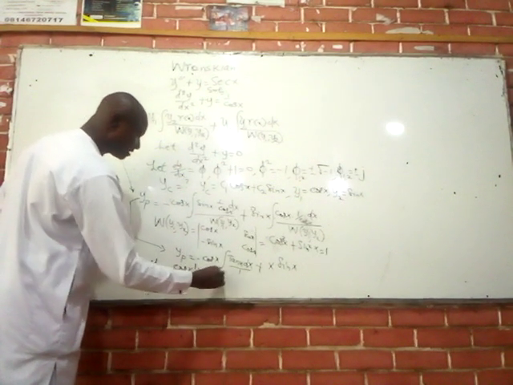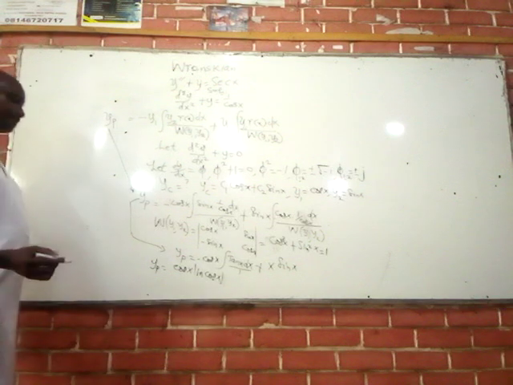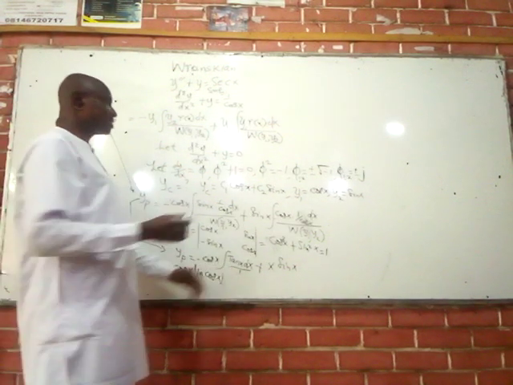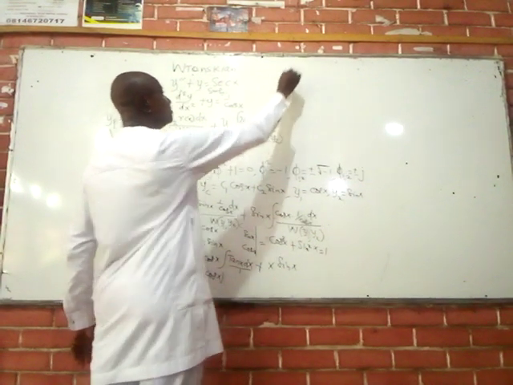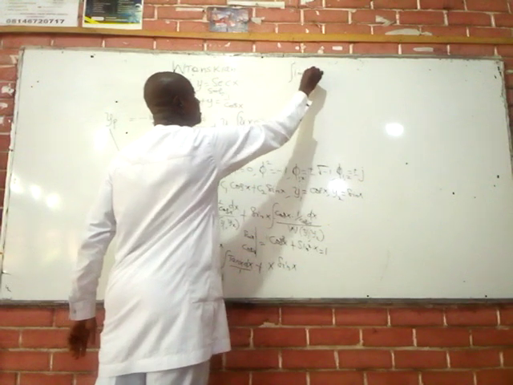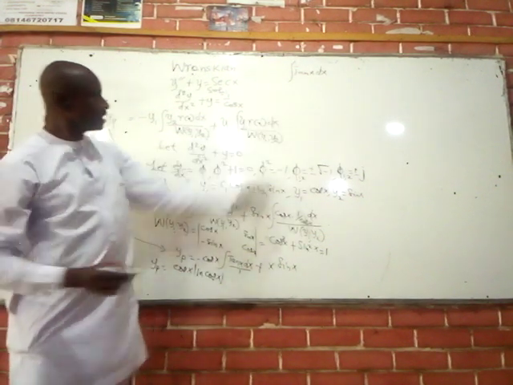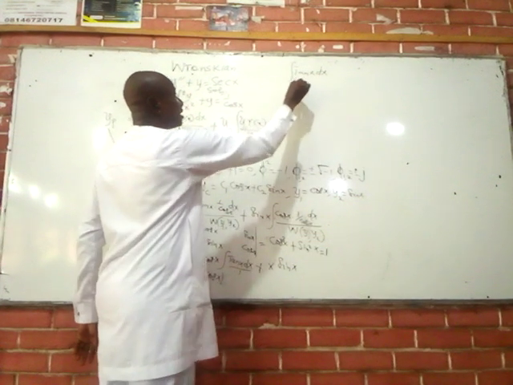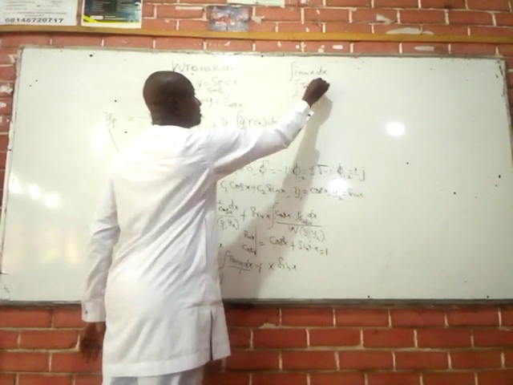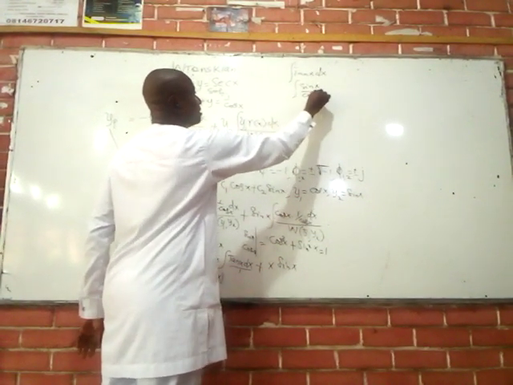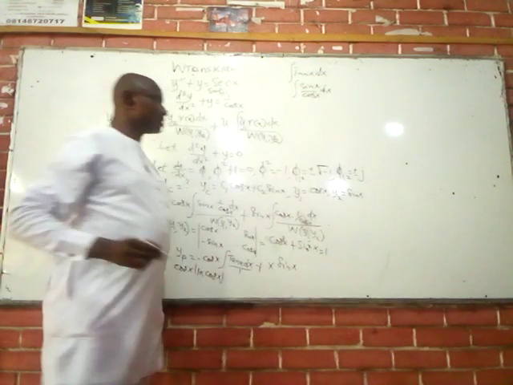We are going to have it as absolute value of ln cos x. Why? Take note that the integral of tan x dx gives us the integral of sin x over cos x, differential x.